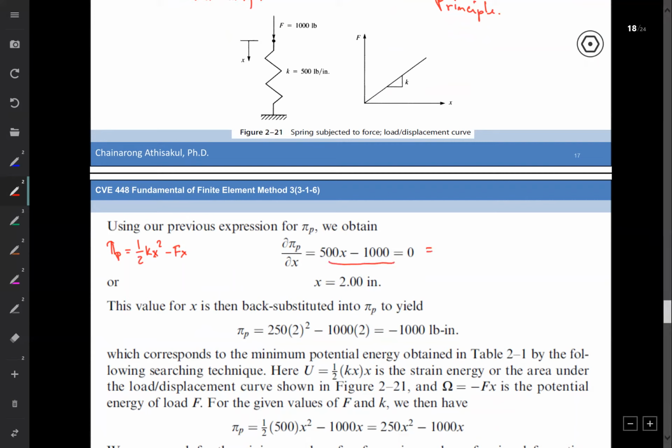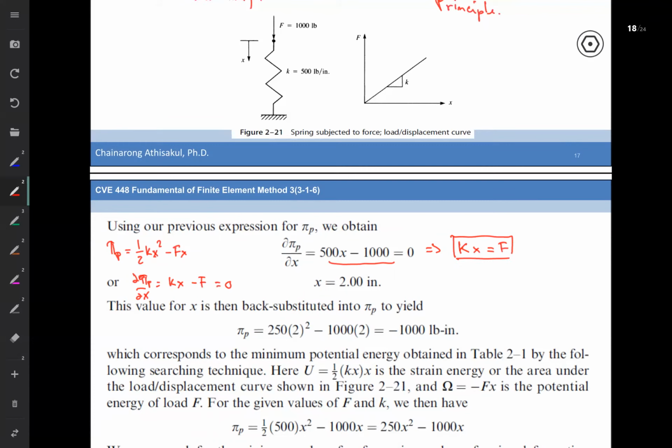Actually, partial pi by partial x is equal to kx minus f. If we set it equal to 0, we find that kx equals f. That is, we come back to the term of the force of spring, right?